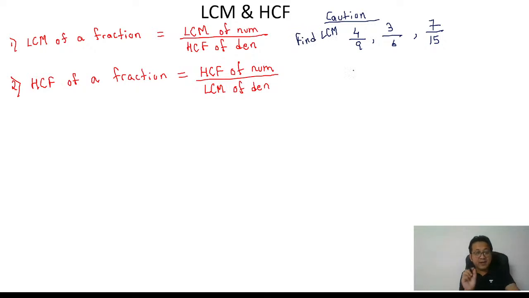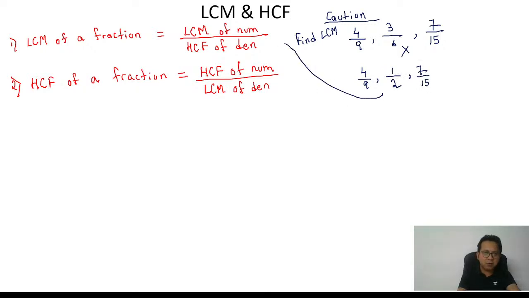It has to be in the simplest form. Meaning, you cannot take 3 by 6. If you take 3 by 6 and apply the formula, you'll be wrong. So what you need to do is reduce the common factors. So 3 by 6, you put it as 1 by 2, and 7 by 15. Once you do that, now go and apply the formula, you'll get the correct answer.